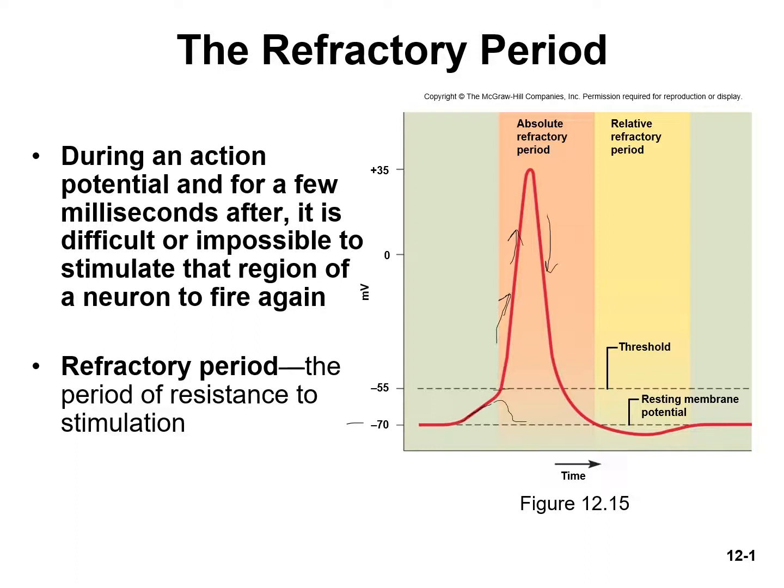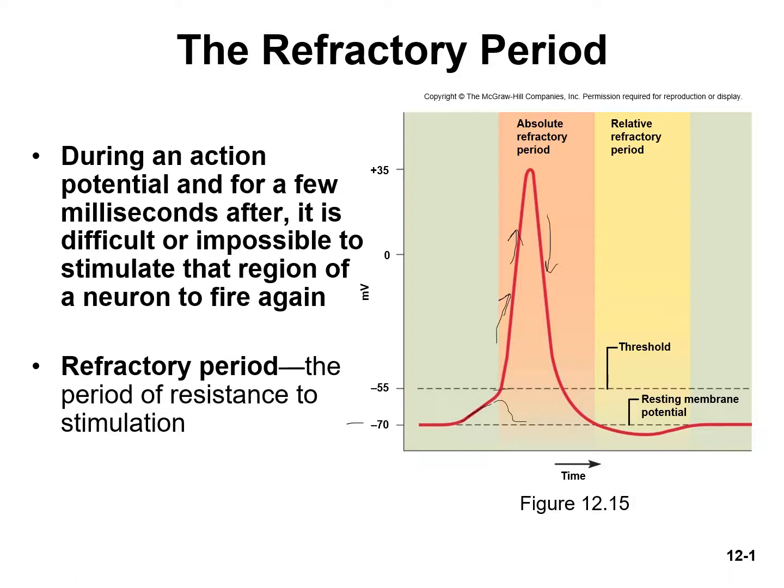And there is a point in time during this firing of an action potential in which you cannot get that same neuron to fire again. So during an action potential itself, and for just a few milliseconds after, it's going to be either difficult or impossible to stimulate that region of the neuron to fire again.